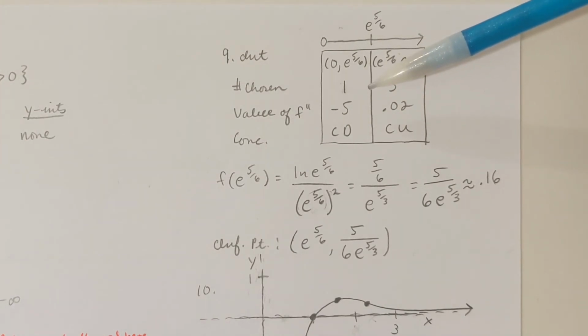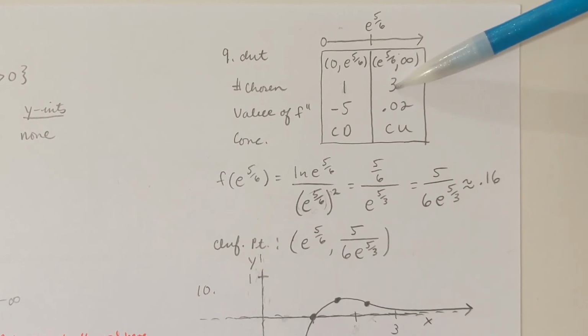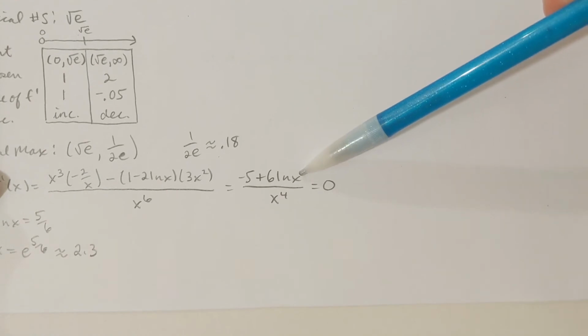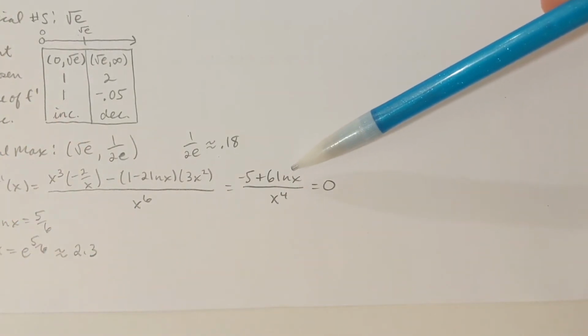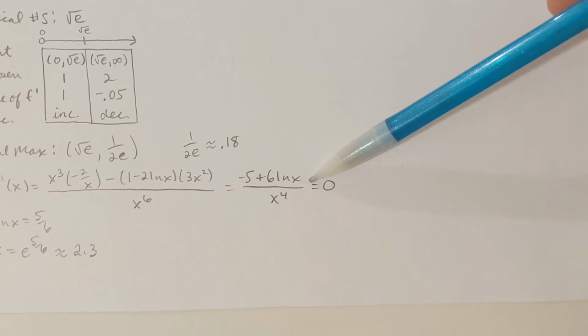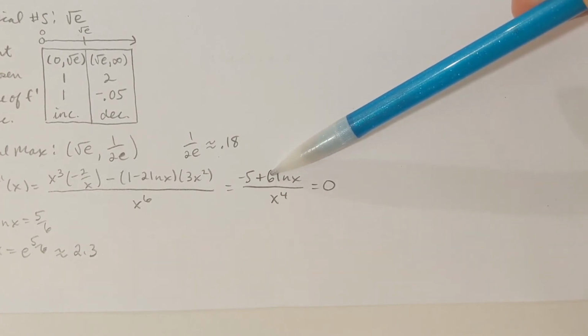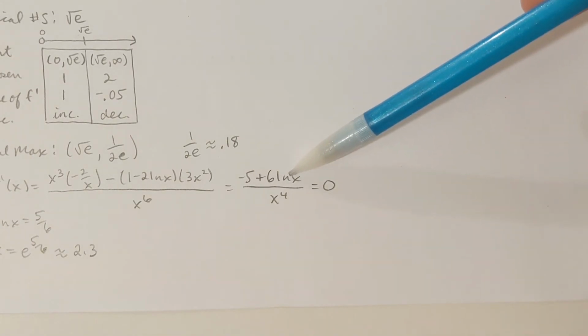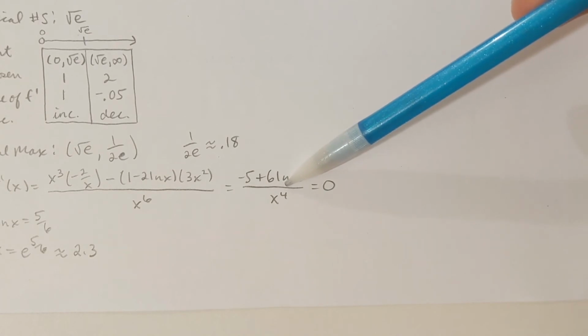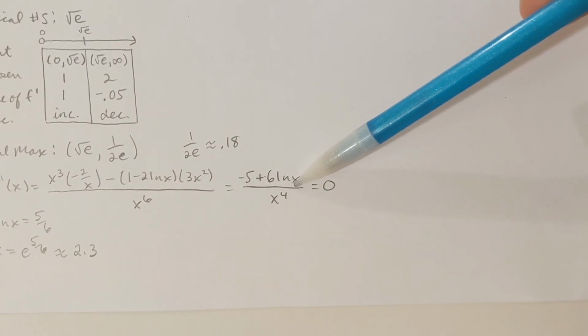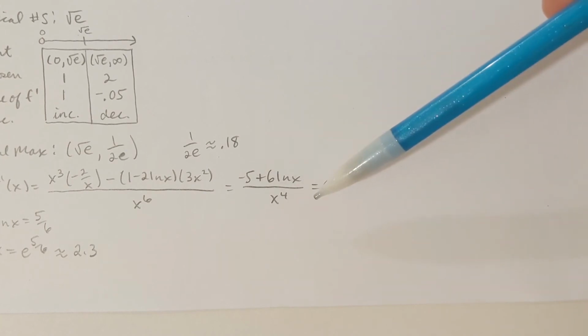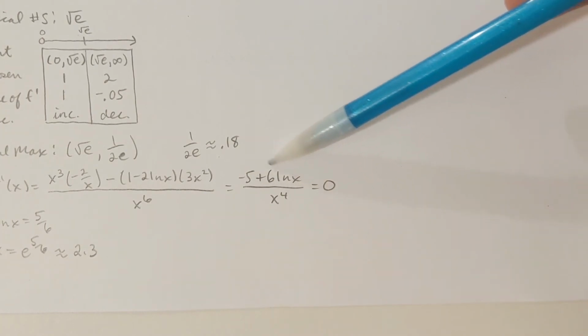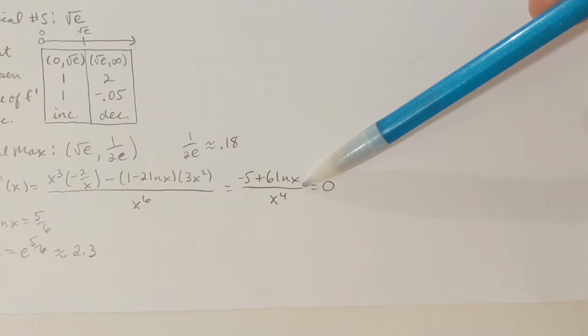A number bigger than 2.3, I used 3 here, so if I plug 3 into f double prime, the ln of 3 times 6 is going to be some number that is bigger than 5. Okay, so if you have some number bigger than 5 and you subtract 5, you'll have a positive left in the numerator there.